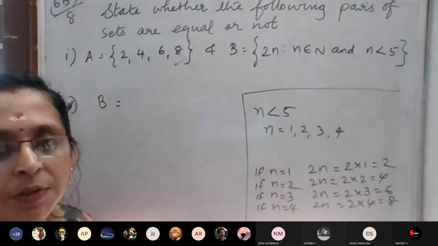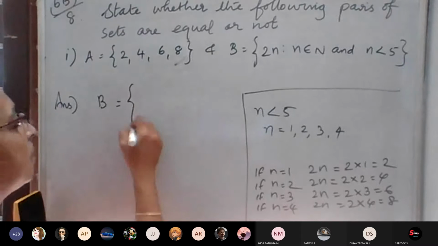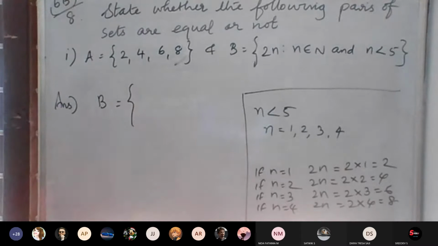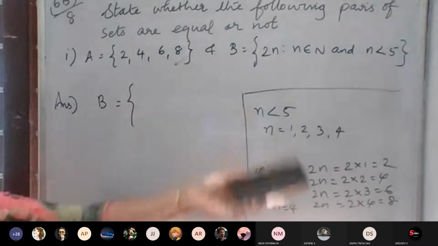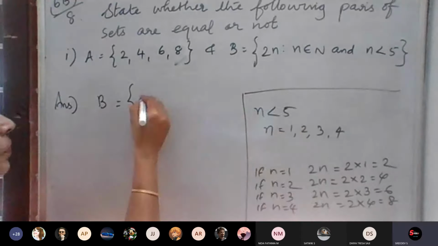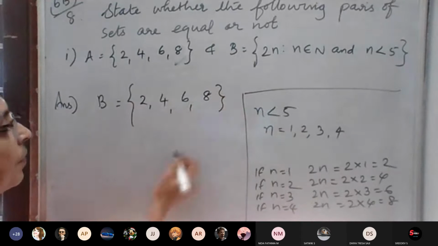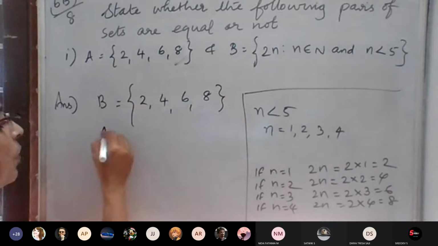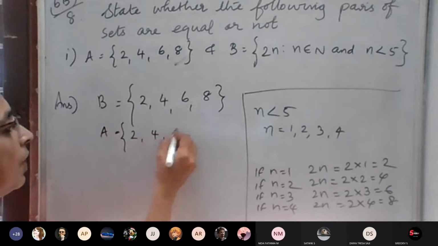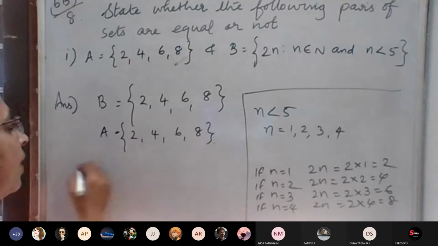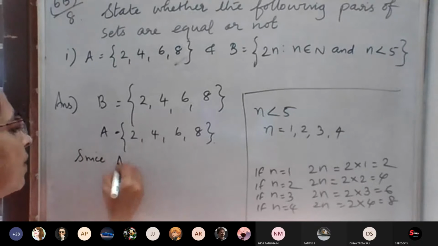So how can we write the B set? Set B will be {2, 4, 6, 8}. What about A set? We have already {2, 4, 6, 8}. So it is an equal set.